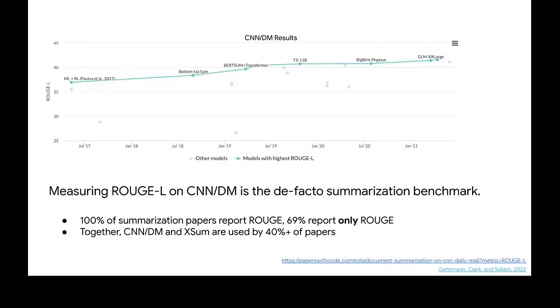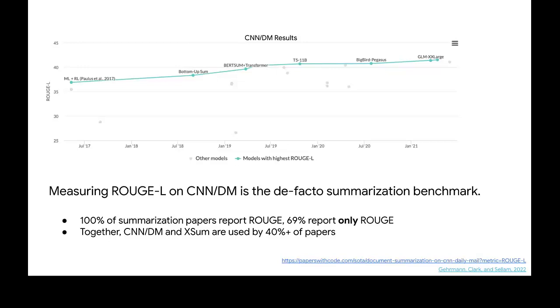As you can see here on the slide, we show a screenshot from Papers with Code. This particular benchmark is measuring Rouge L, which is one particular form of the Rouge metric, on the CNN Daily Mail corpus.